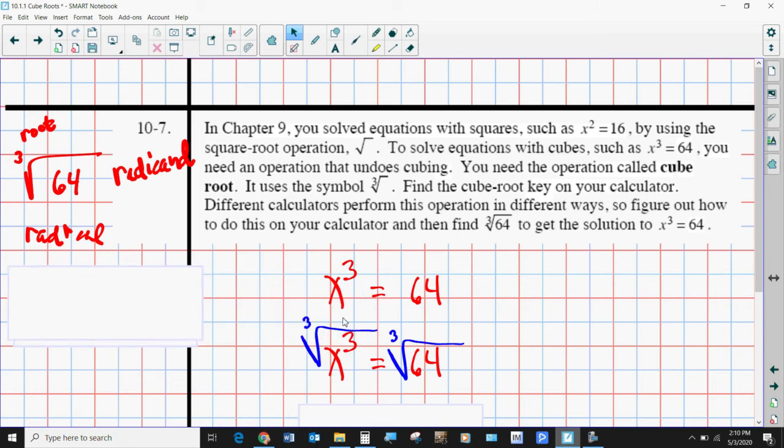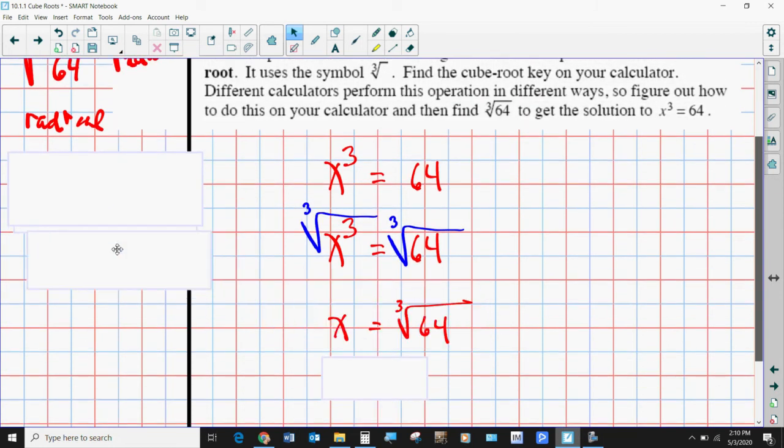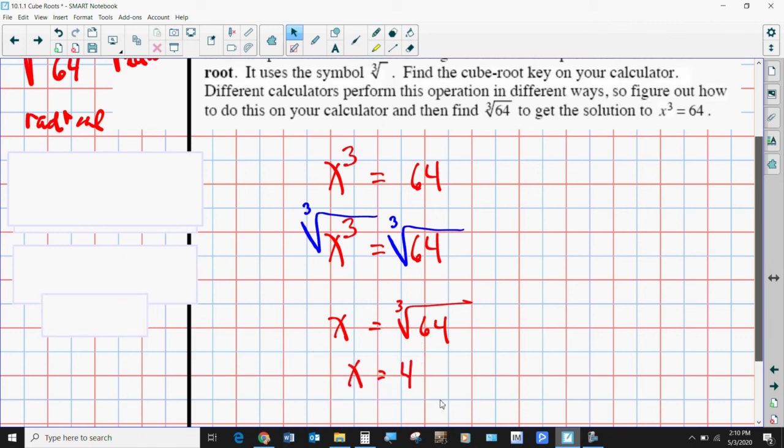Remember, we do the same thing to both sides of the equation. The cube root of x cubed is x, since x times x times x is x cubed. The cube root of 64 is 4, since 4 times 4 times 4 is equal to 64. So x has to be equal to 4 units.